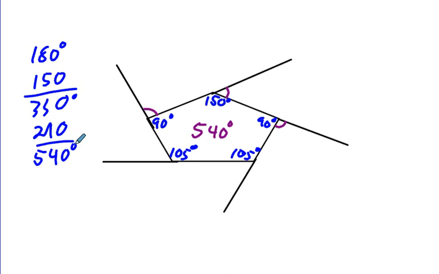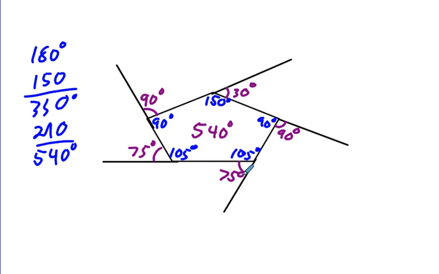Okay, so those are the interior angles of this pentagon. Now if I look at my exterior angles associated with these, each exterior angle combined with the adjacent interior angle has to total 180. So if this interior one on the right side is 90, this exterior one has to be 90 to give me that 180 degrees. This one's going to be 30 degrees. This one's 90 degrees. And these are going to be 75 degrees each.